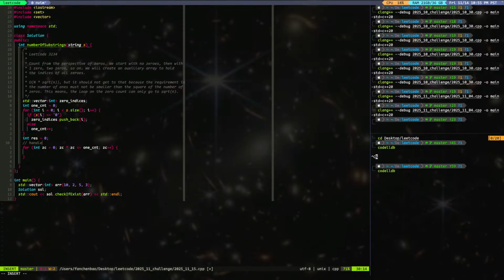Handle 0 count on 0. Basically, we just for int i equal to 0, i smaller than zero indices dot size, i plus plus.